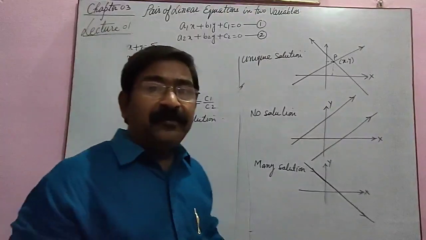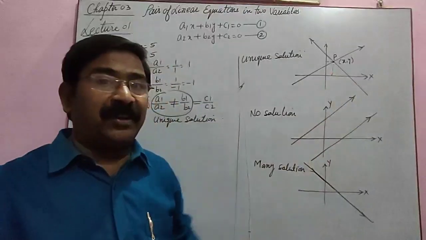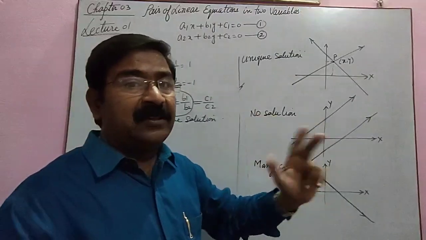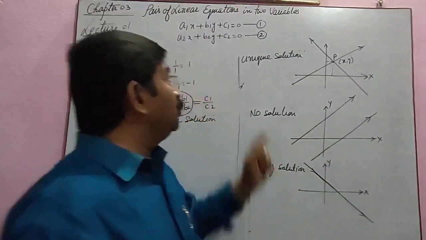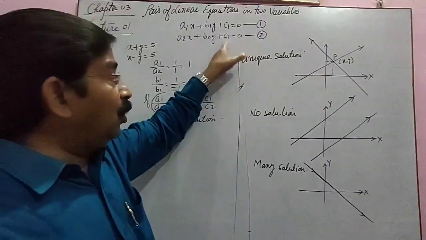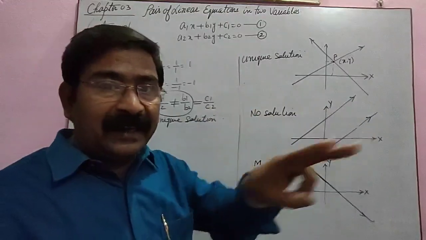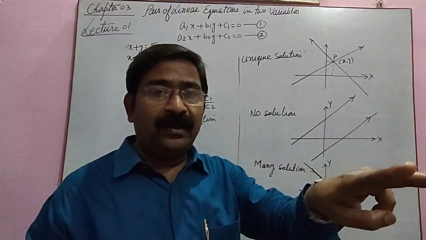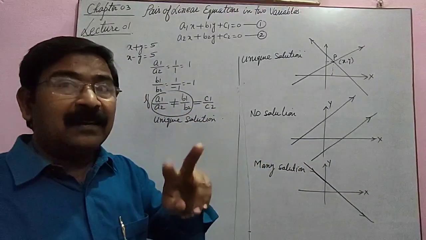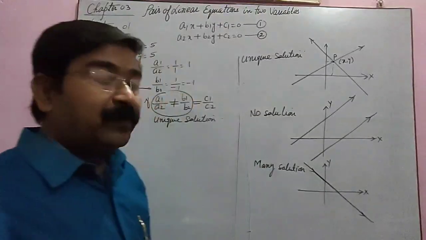And if the two lines are in the same direction and at different distances from the origin, I told you the constant is the distance of the line from the origin. So if the two lines are in the same direction, it means their coefficients of x and y are the same.